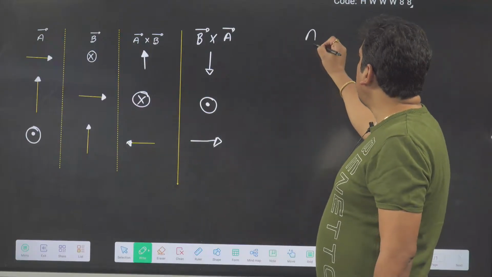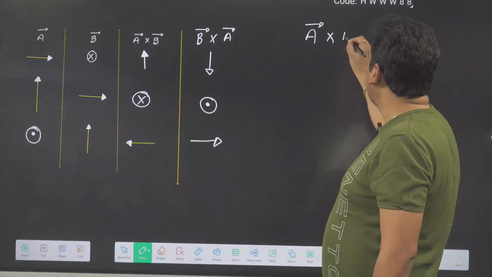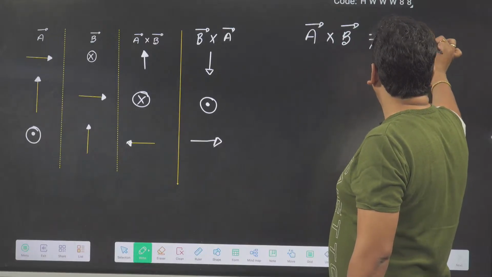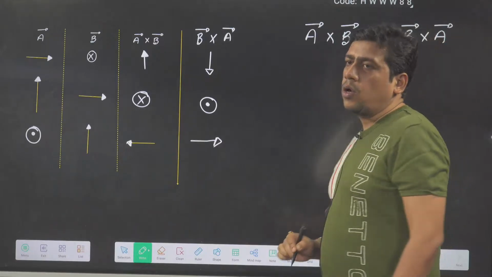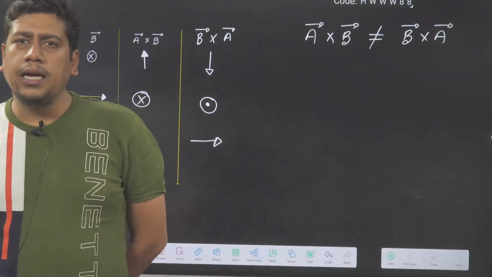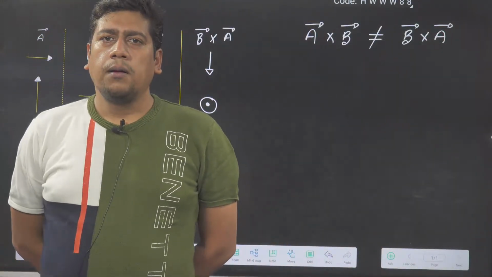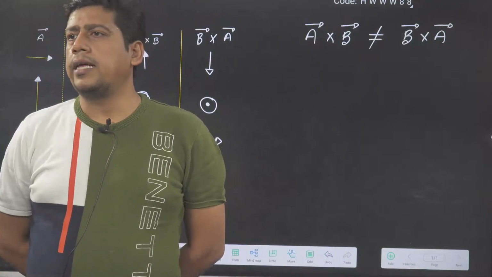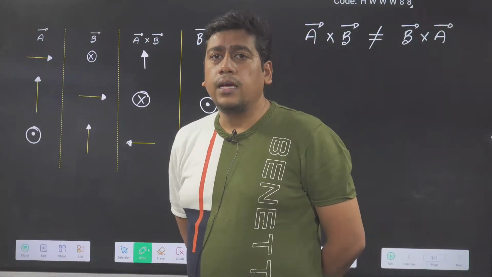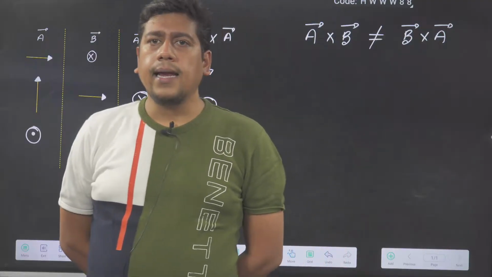So one thing is clear from here, that A cross B is not equal to B cross A. Direction, magnitude wise be equal, but direction wise they are opposites, hence they are not equal. Like A dot B equal to B dot A, correct?